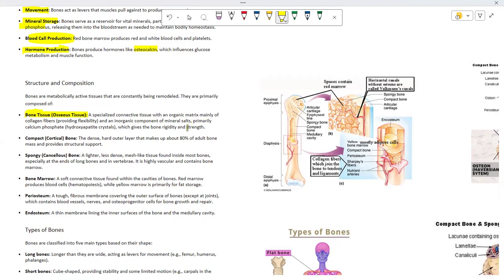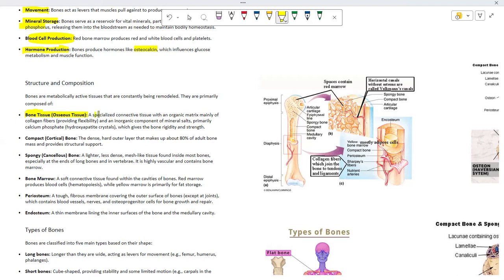The collagen fibers produce the flexibility, and an inorganic component of mineral salt, primarily calcium phosphate. The calcium phosphate is known as hydroxyapatite crystals, which gives the bone the rigidity and strength.